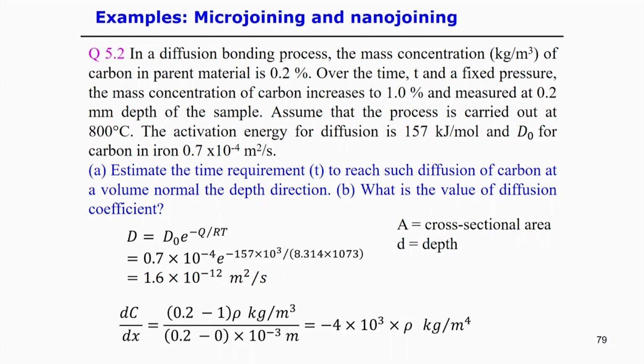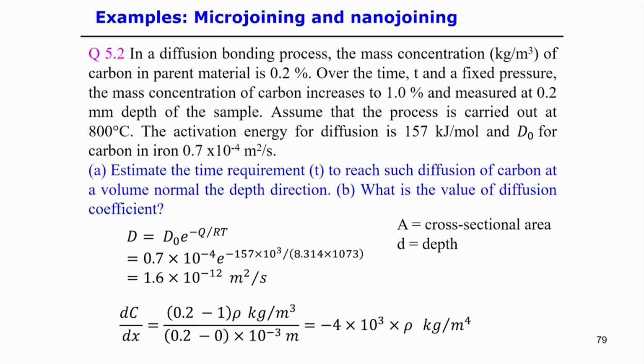Assume that the process is carried out at 800 degree centigrade. The activation energy of diffusion is 157 kilojoule per mole, and D0, the constant to find out the diffusion for carbon in iron, is 0.7 into 10 to the power minus 4 meter square per second. So, let us look first into the problem itself.